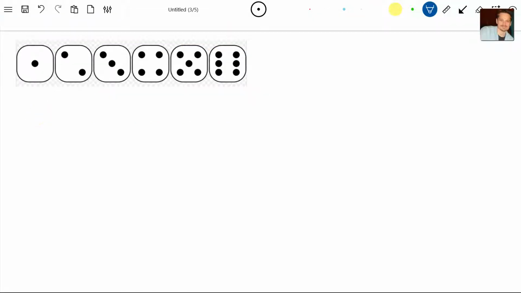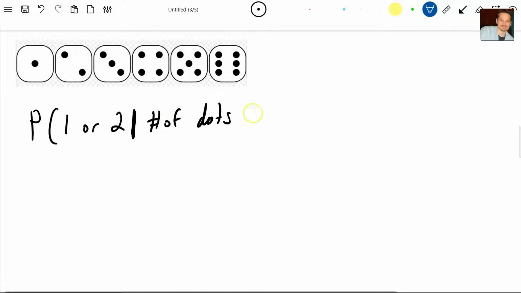Here's another one, perhaps a bit more involved. Imagine that we want the probability that what you get is a 1 or a 2, given that, for example, the number of dots is less than or equal to, say, 3. That's our goal here. So you want to mark up the reduced sample space. In other words, you want to take care of this part first.